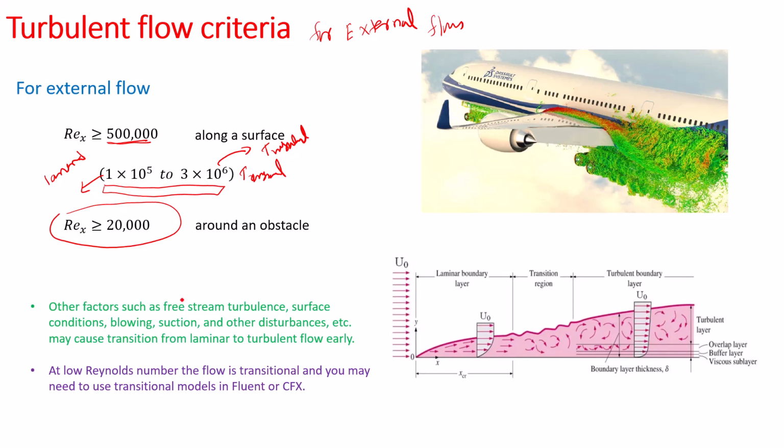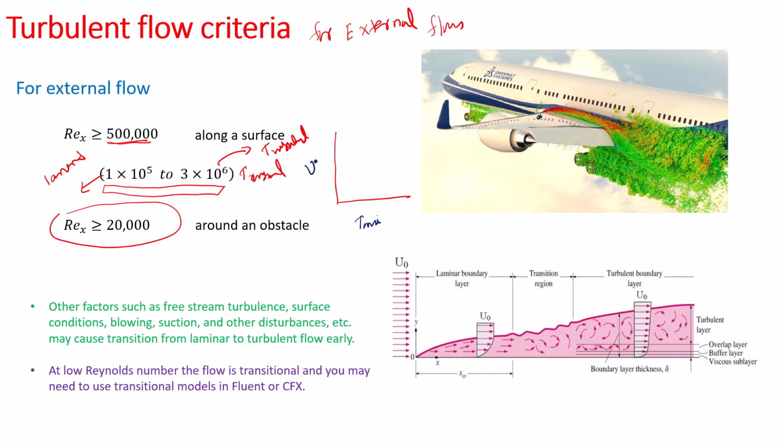For example, free stream turbulence. If I draw the velocity at some point like this, let's say this is the velocity I am monitoring, this is time and this is velocity.